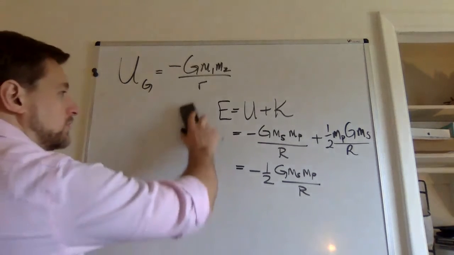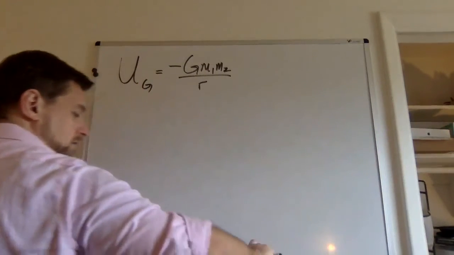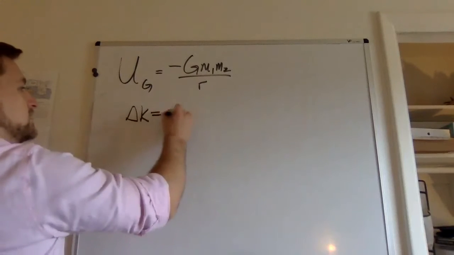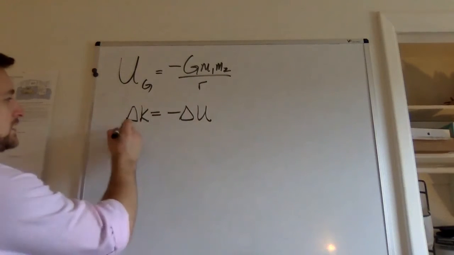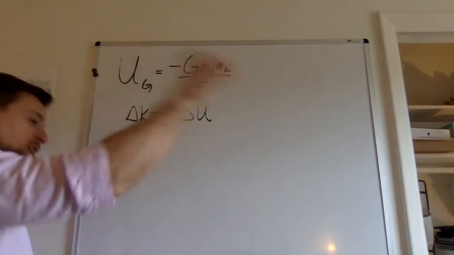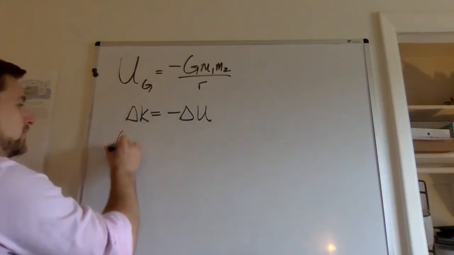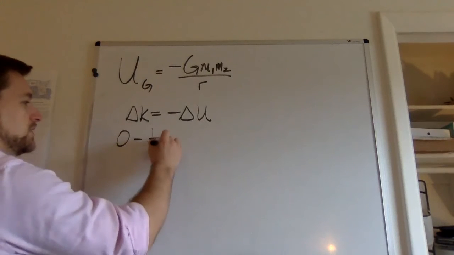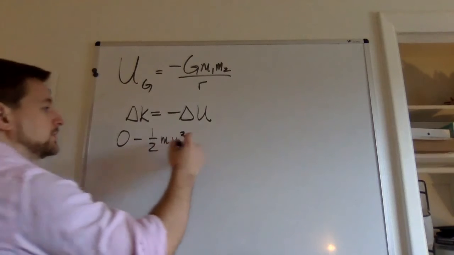If gravity is the only force acting, then the change in the kinetic energy has to be the negative of the change of the potential. Were it just to get to the edge of everything, our final kinetic energy is going to be 0. And the question is, what is the initial velocity? This is the variable that we want to solve for.